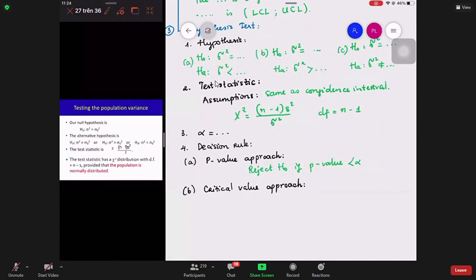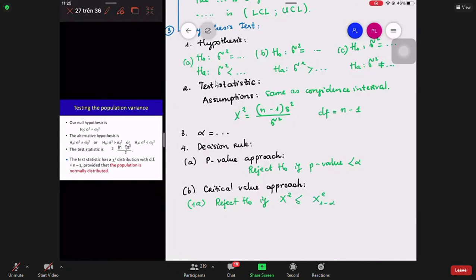So if we have the case of 1A, then we will reject HO if the value of chi-square smaller than the chi-square of 1 minus alpha.